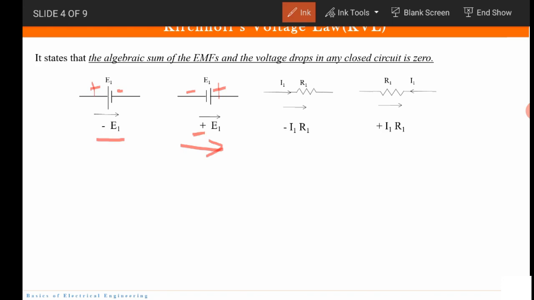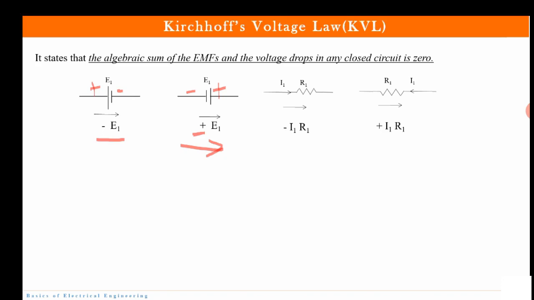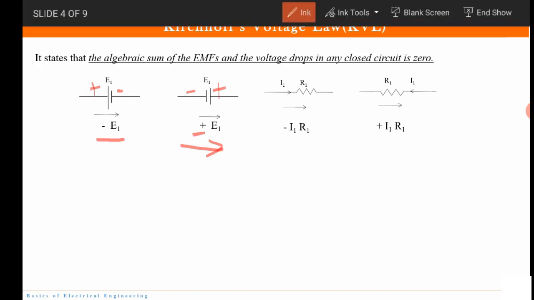This is for EMF. Another point is when we are going through a resistor. Always we need to assume the direction of the current, and we can assume it in any direction. Here you can see that through R1 I have assumed the direction of current from left to right. Correct? So in this direction the current is flowing.